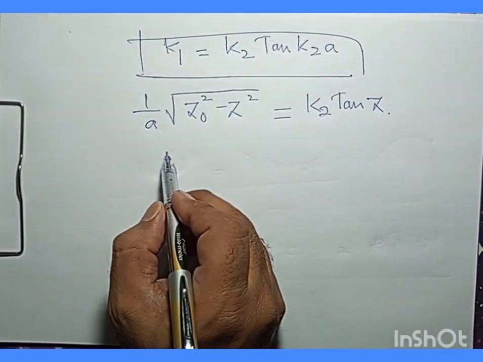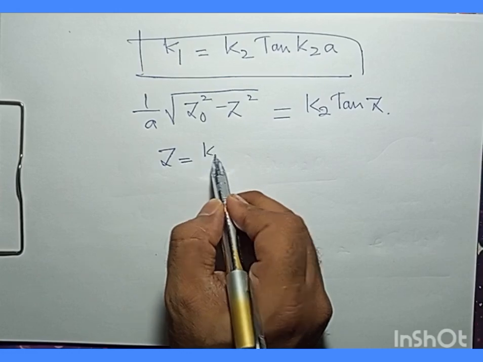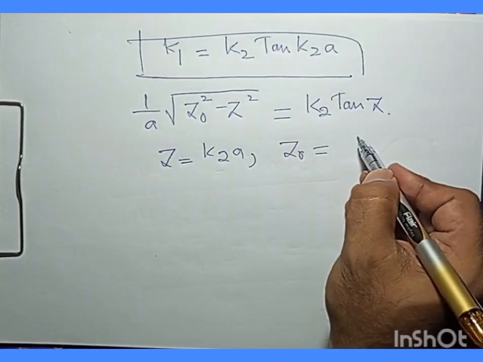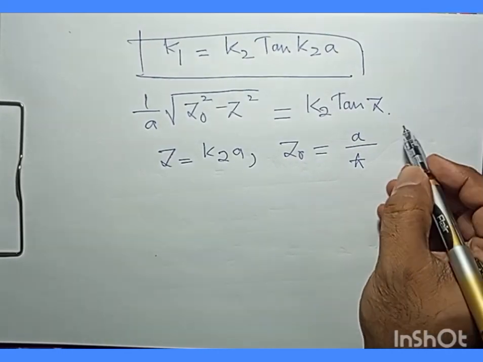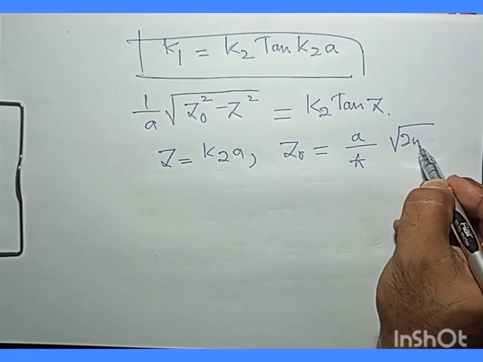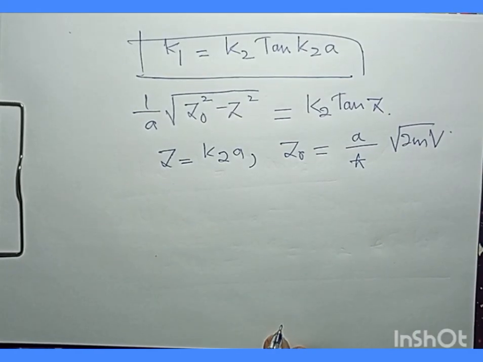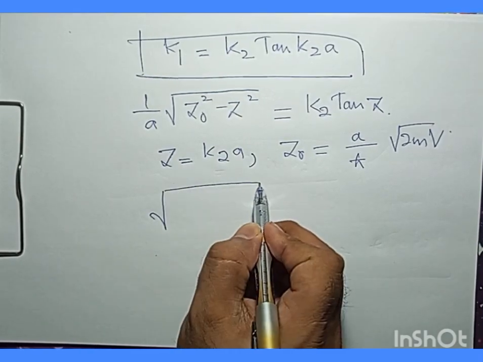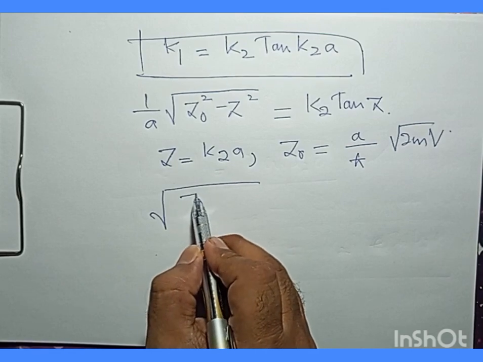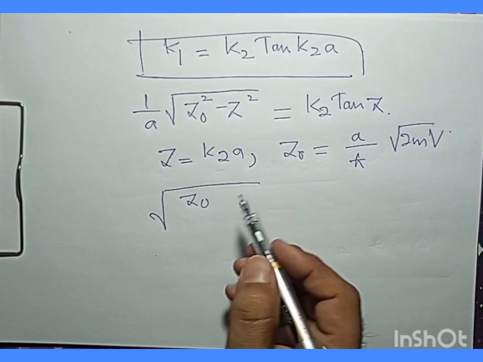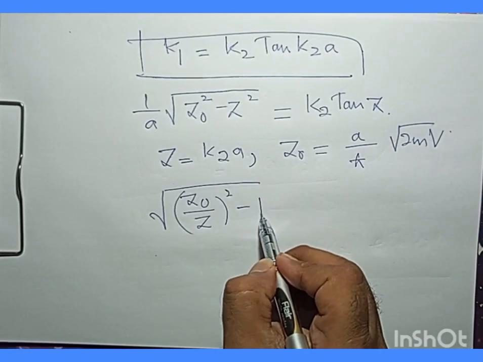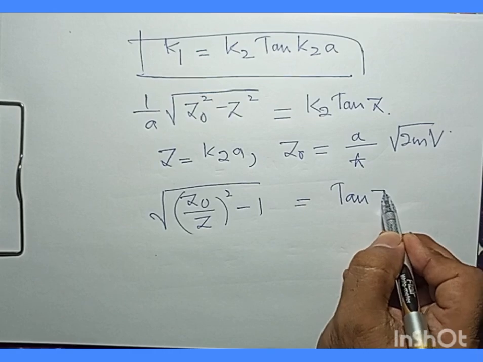This is possible if z is chosen equal to k2 a and z naught is chosen as a by h cross under root of twice m V. So we can rearrange the terms and obtain a parameter like under root of z naught by z whole square minus 1 equals tan of z.